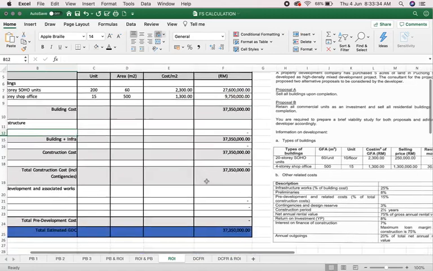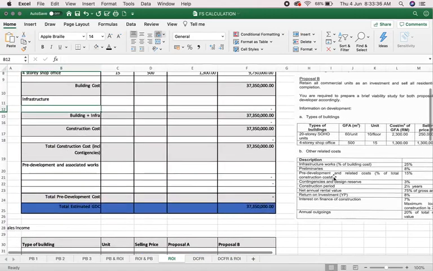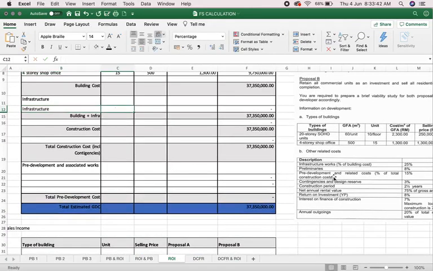Now let's look into the other related costs. Infra is 25% of the building cost, therefore just key in 25%, and you just check 25% times building costs, or you can just put in the formula 25 times percentage.